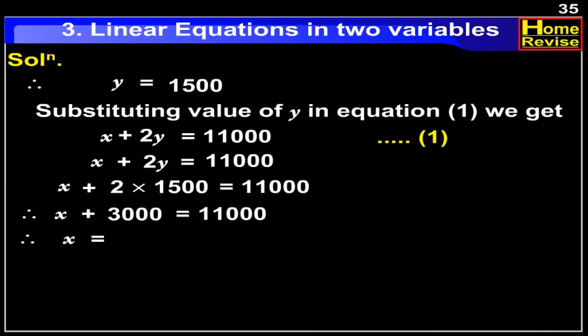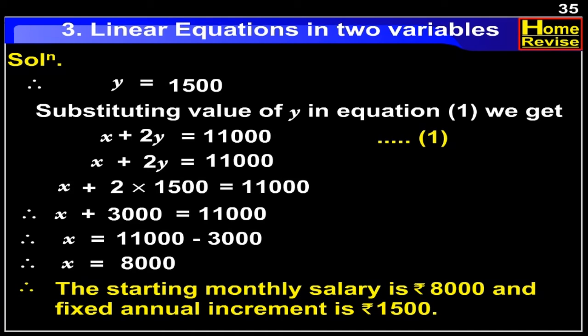Therefore, X is equal to 11,000 minus 3,000. Therefore, X is equal to 8,000. Therefore, the starting monthly salary is rupees 8,000 and the fixed annual increment is rupees 1,500.